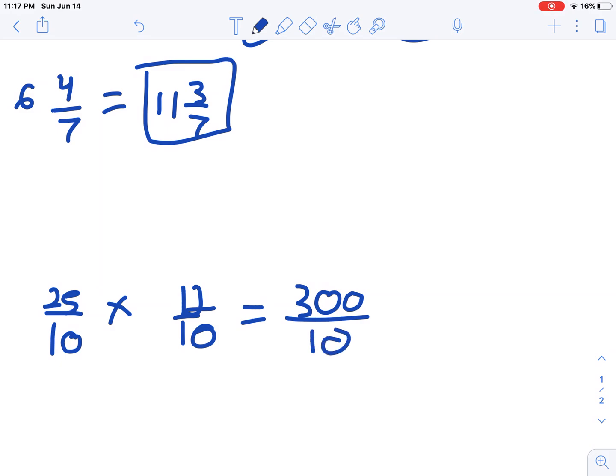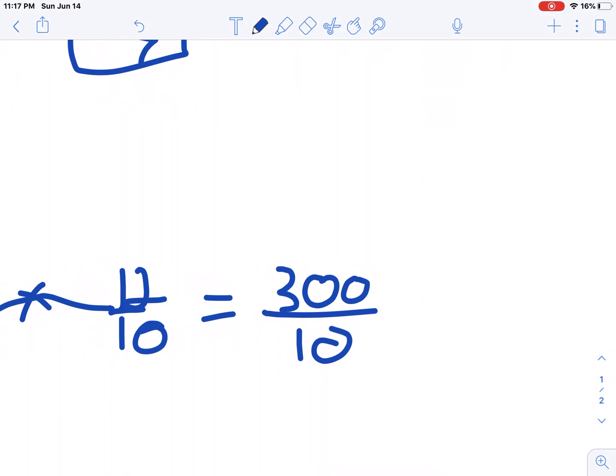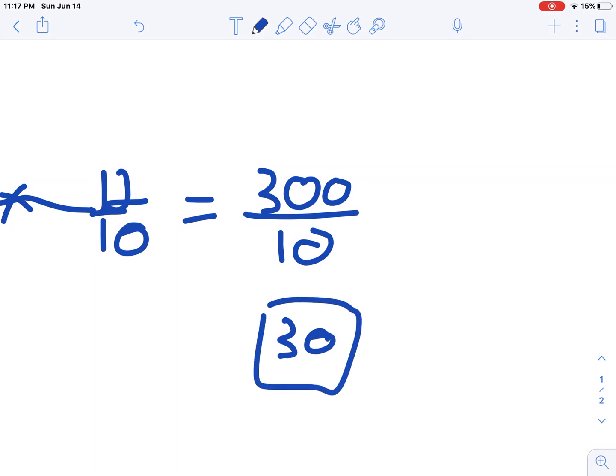And if you're wondering how I did that, I just simply multiplied 25 and 12. So then after that, instead of keeping an improper fraction, you can make it a mixed number. And easy as this, 30. And I'll tell you how I got that right now.